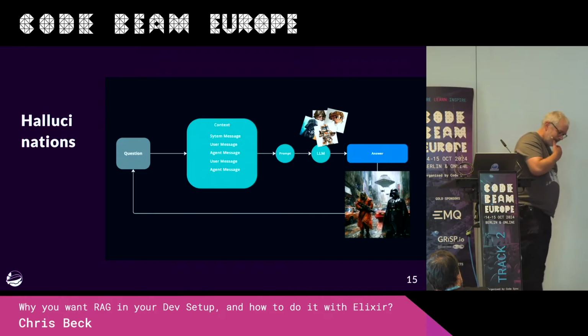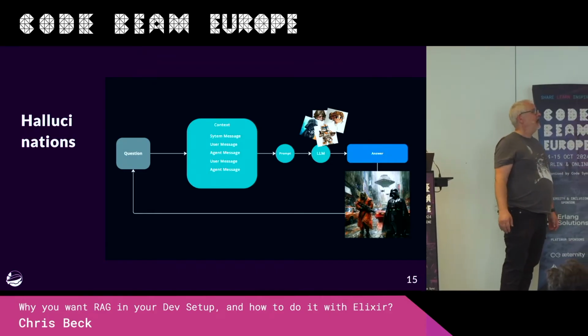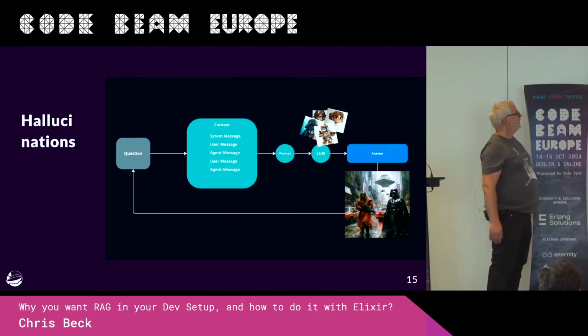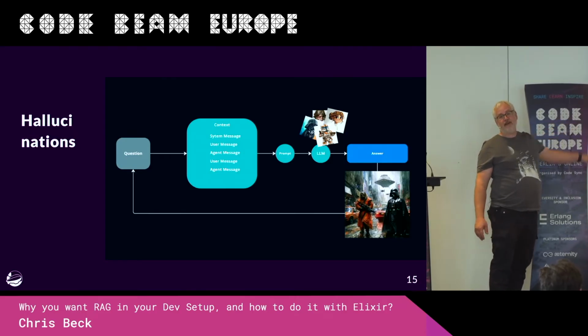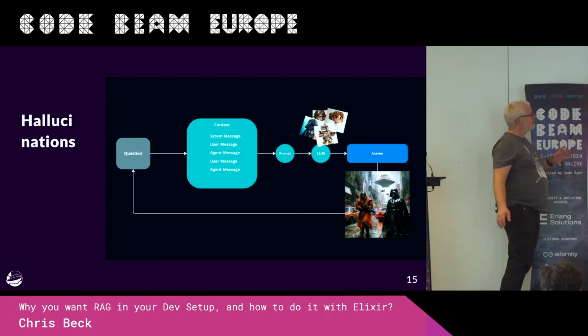So that's a bit why an LLM is hallucinating. They have this thing that's called context. It's like the seed that they use when they try their probability game.